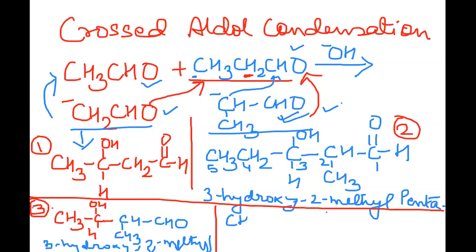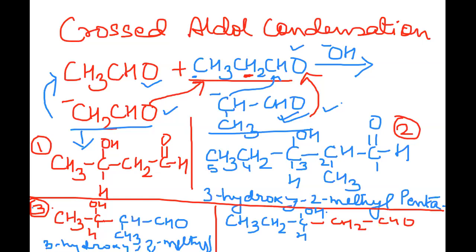So you have the propanal group, CH3, CH2, and it becomes CH and then OH. And the attacking reagent is CH2, CHO. Now in this case, it is again a 3-hydroxy compound, but it is a 3-hydroxy pentanal. 1, 2, 3, 4, and 5.